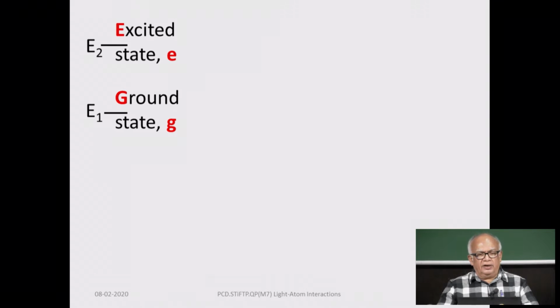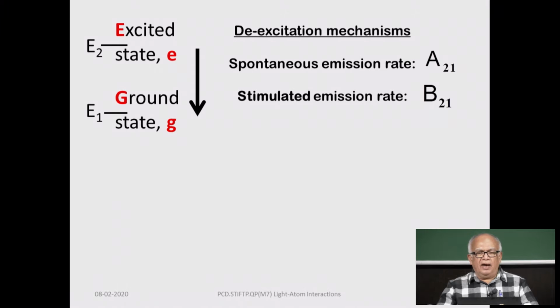So, you have two states, the ground state and the excited state, and if the atom is originally in an excited state, then it could come down to the ground state not just by one mechanism, but two mechanisms. There is one which is intuitive, the other which is not, which needs Albert Einstein.